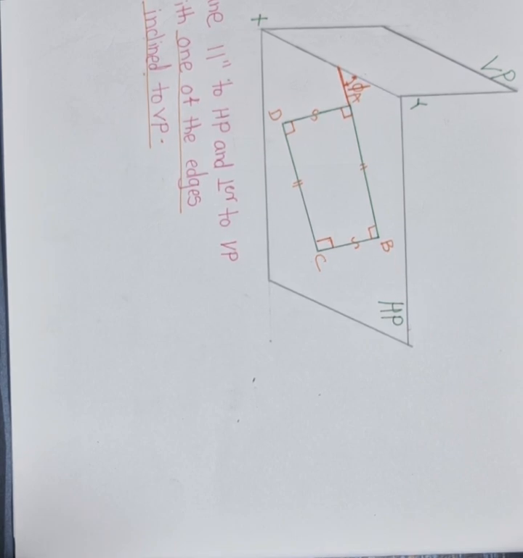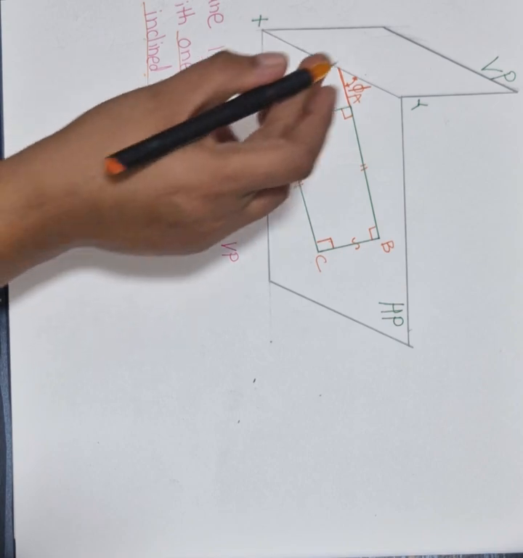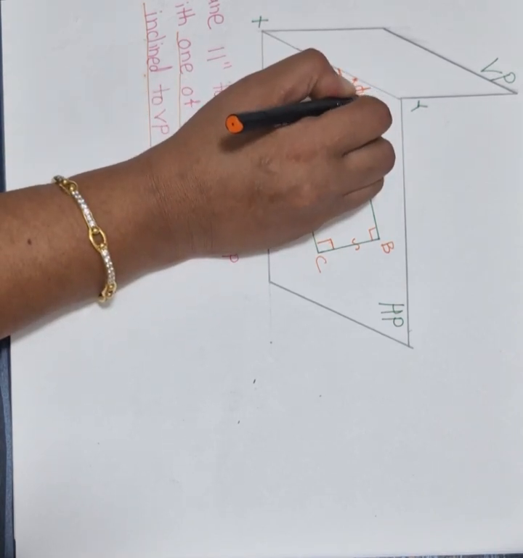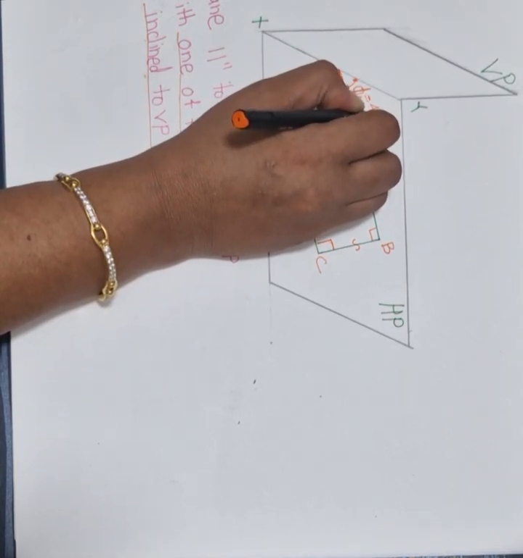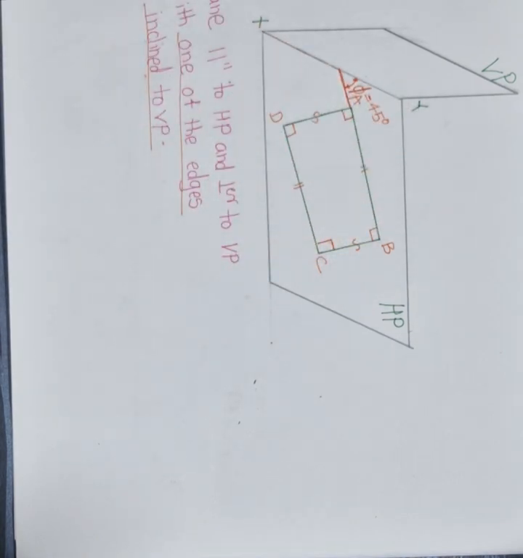They will remain 90 degree, and the inclination with VP of the longer edges is phi. Let's consider this phi is given as 40 degree. Phi means inclination with the VP.